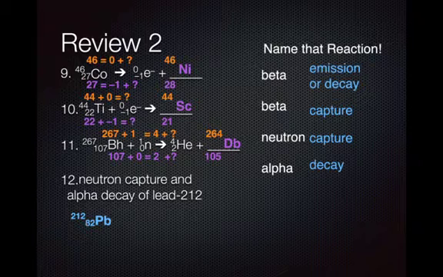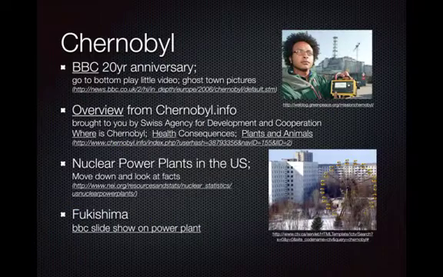And then which one of those is a reactant, a capture or a decay? So the capture is the reactant. So the neutron will be captured and the alpha will be decayed. Okay, then we just go through the same math we did before, and we find the mass number and the atomic number and use the atomic number for the symbol.